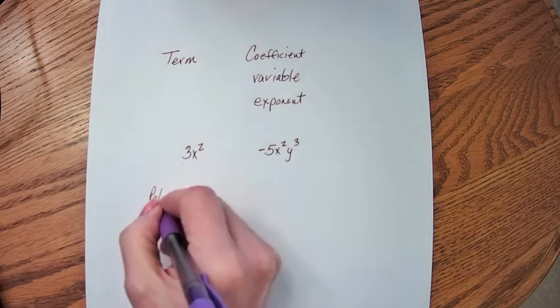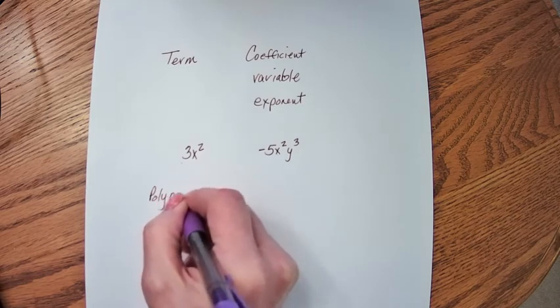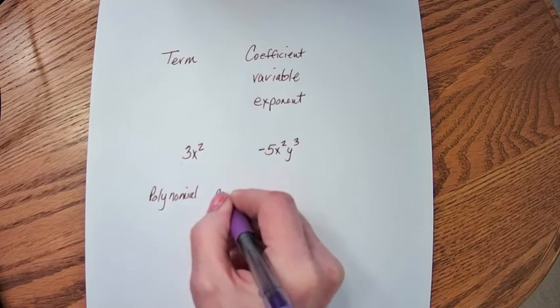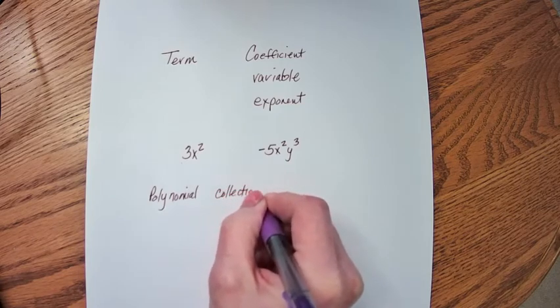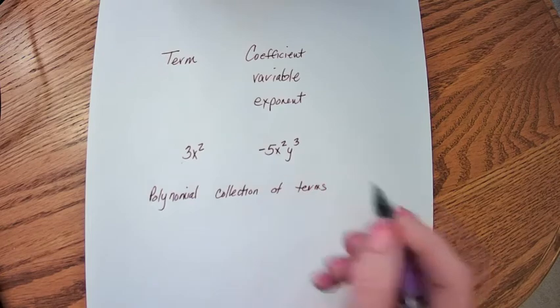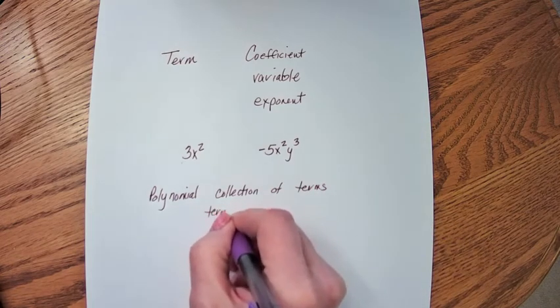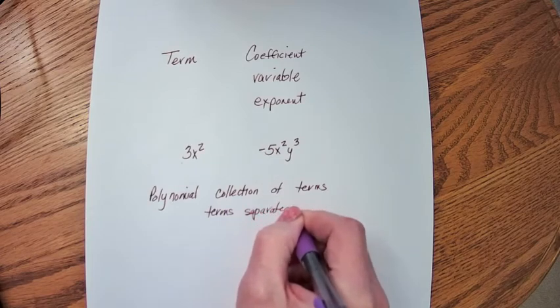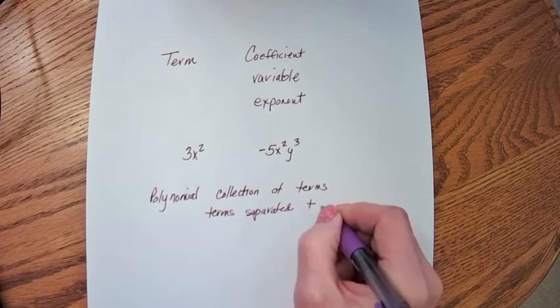Polynomials, poly meaning many, nomial is a collection of terms. Terms are separated by the plus and the minus sign.